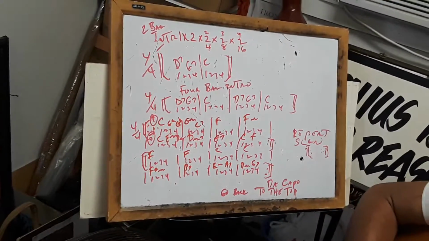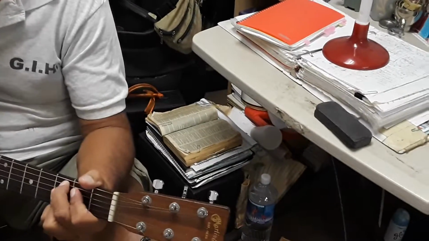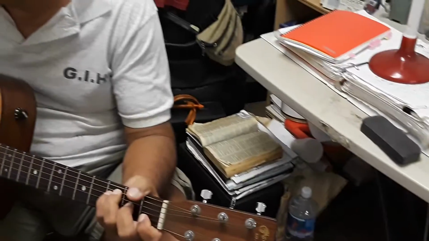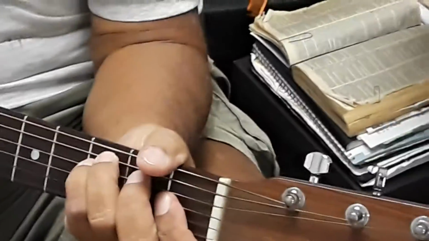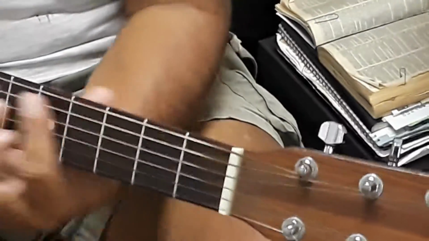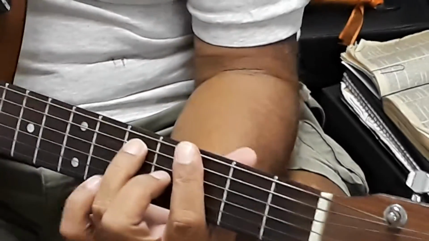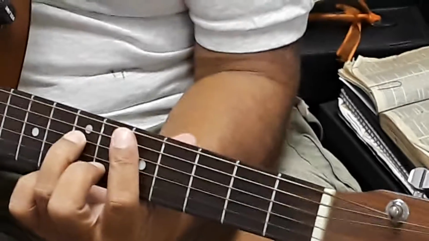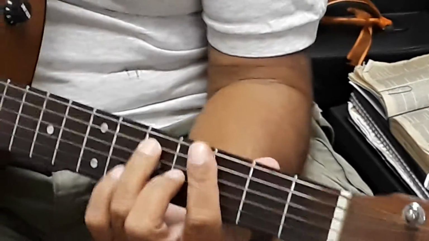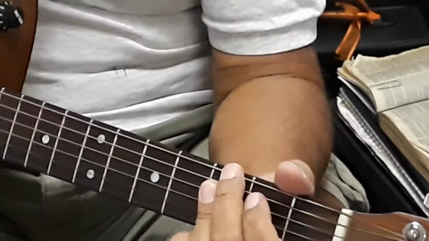So it goes, C, bar 2, bar 3, bar 4, bar 5, bar 6. Repeat.